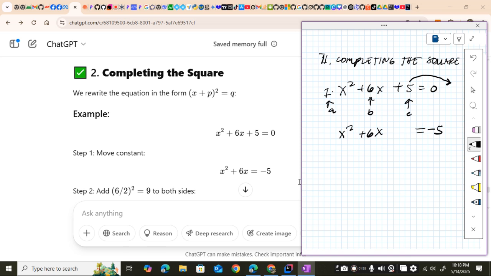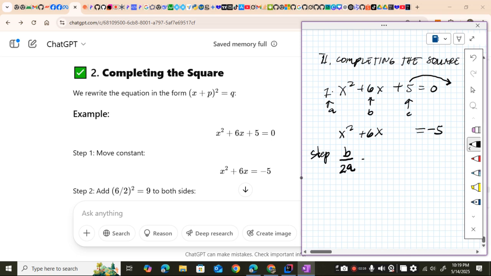Now the trick here in step 2 is to add 6 over 2 squared. Well, 6 over 2 squared, that's essentially 3 squared or 9. Now, why are we doing that? I'll show you later. But the key thing is, in step 2, don't forget that we have to add this term on both sides, b over 2a.